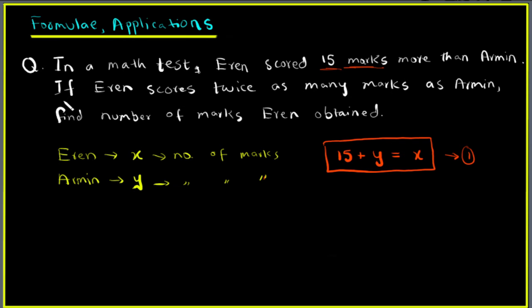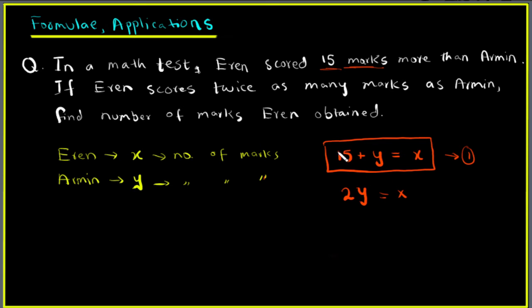Let's see what it says then. It says Aaron scores twice as many marks as Armin. Now the second piece of information is that Aaron scores twice as many marks as Armin. Once again, the marks of Armin are Y, but Aaron scores twice as many marks as Armin. So if we multiply the marks of Armin by 2, we are going to get the marks of Aaron.